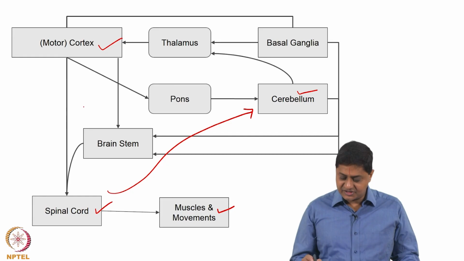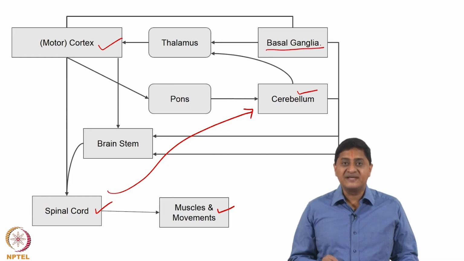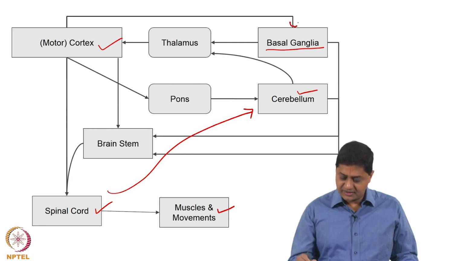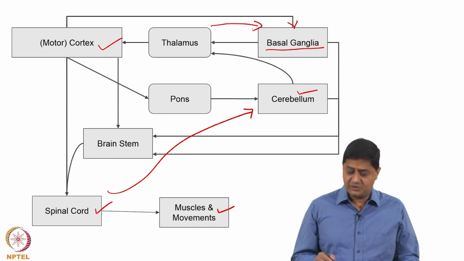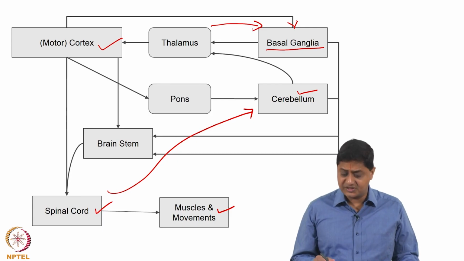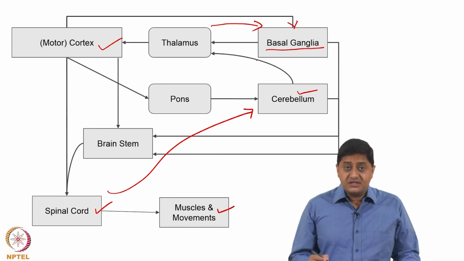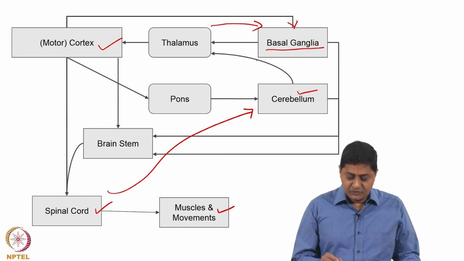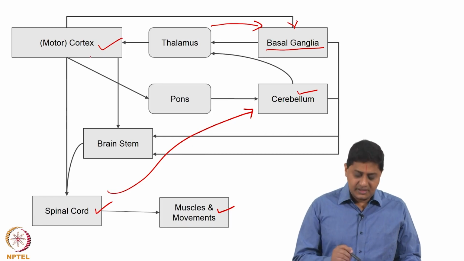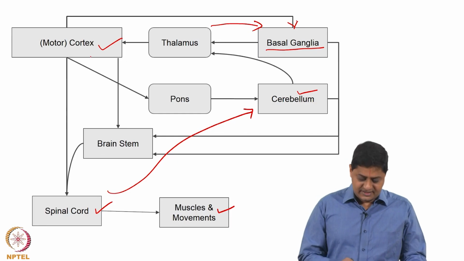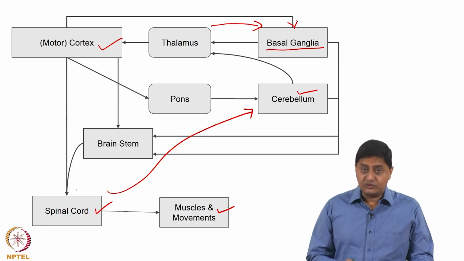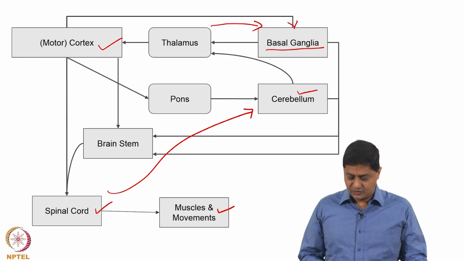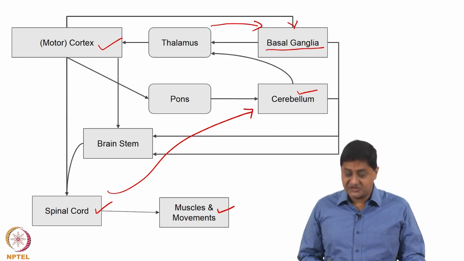Likewise, you have another structure called basal ganglia, which receives input from the motor cortex and from the thalamus. Basically, the thalamus receives inputs from multiple structures. So, basal ganglia receives inputs from multiple structures, primarily from the cerebral cortex, and it outputs to the thalamus, and through the thalamus it outputs to the cortex, and from the cortex there is modulated output going to the spinal cord, which then controls or gates movements and muscle function.